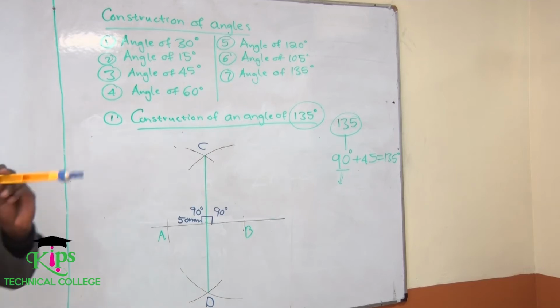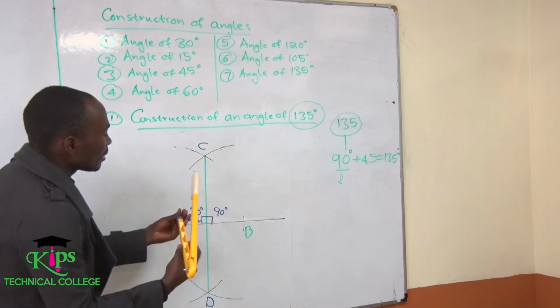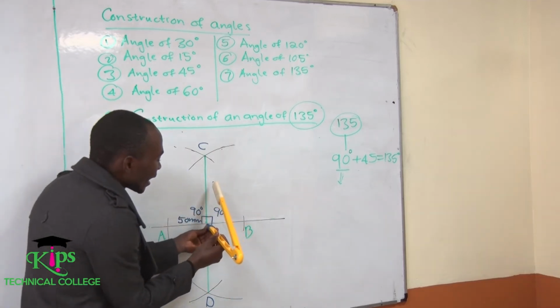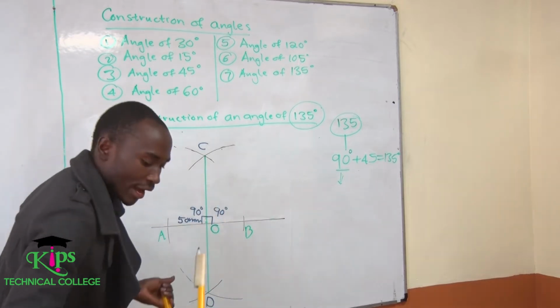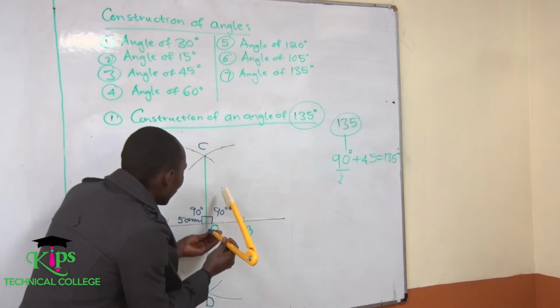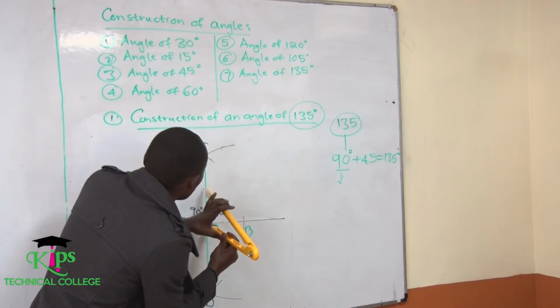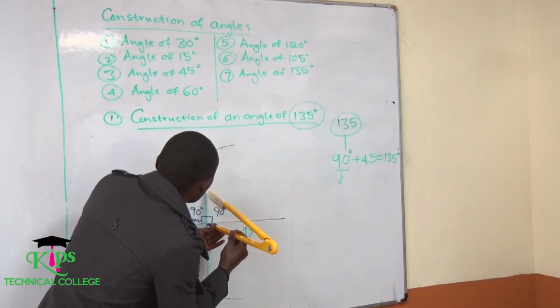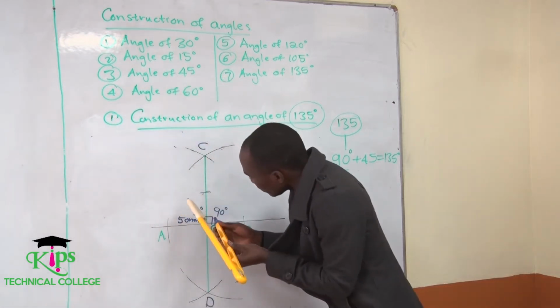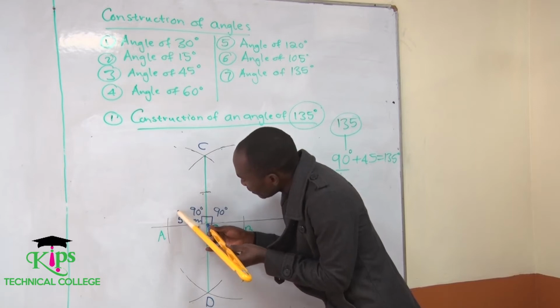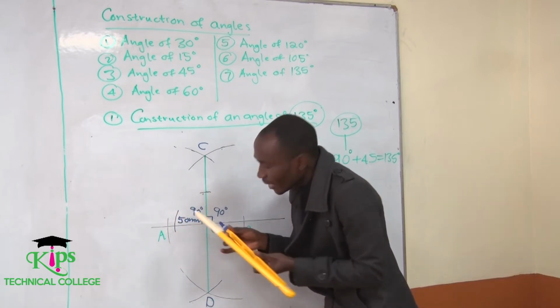I will take up my compass like this, then place it at the center. This is center O. I will place it at center O like this, then make an arc. Again, make another arc.